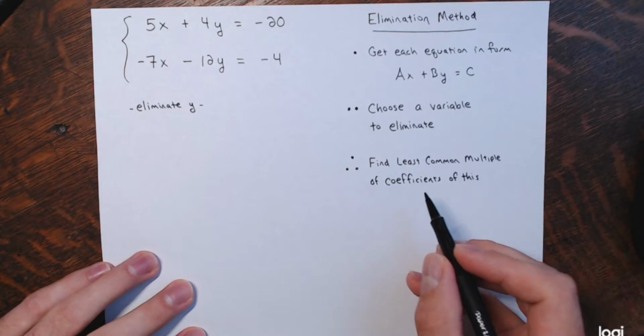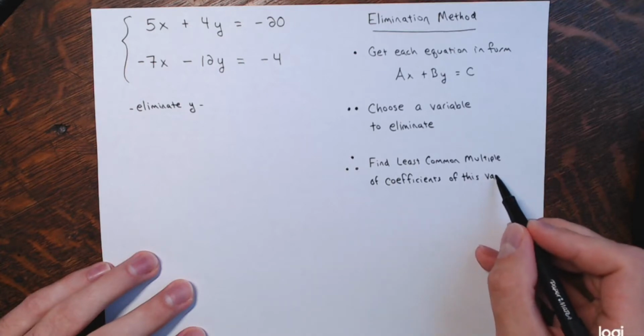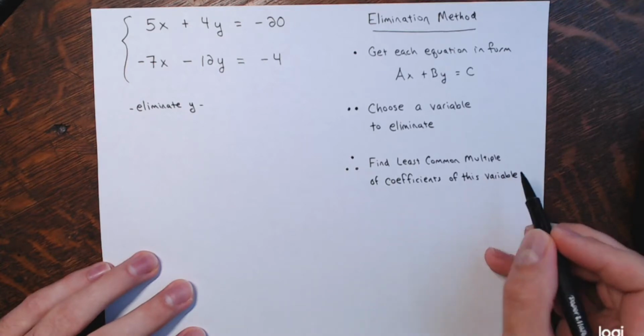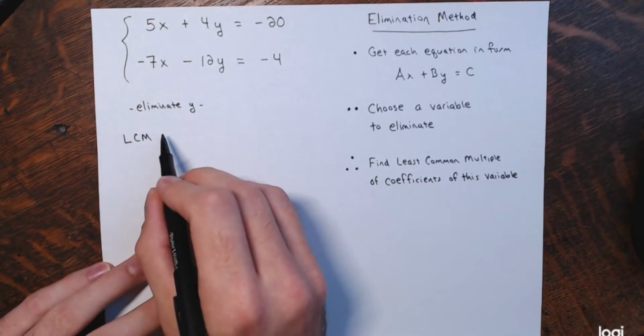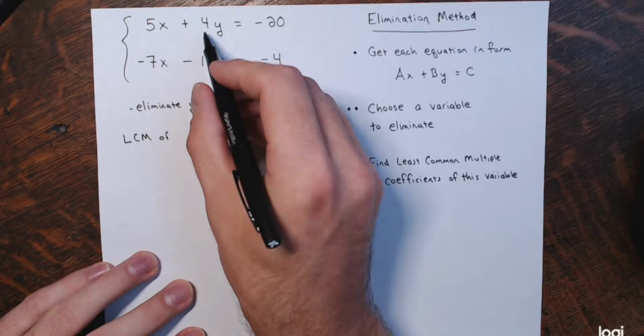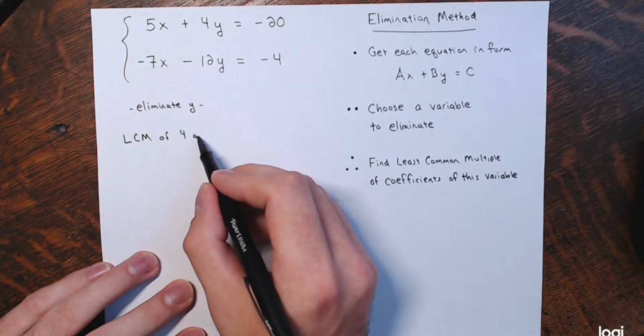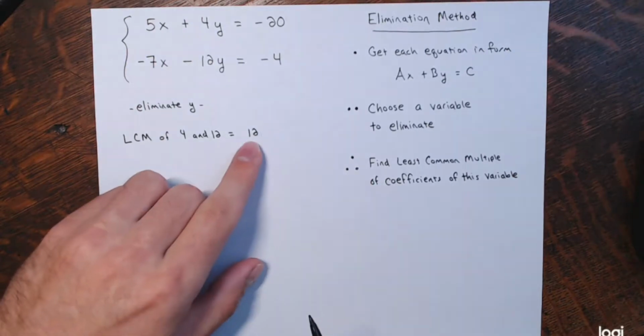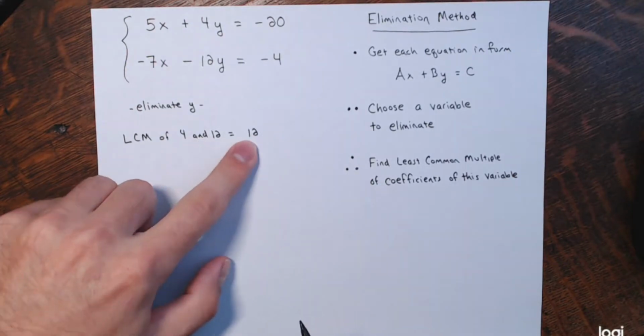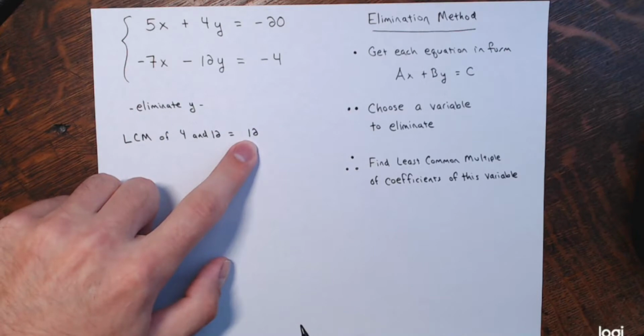And I'll say ignoring negative signs, right? So what's the least common multiple, sometimes referred to as LCM, of 4 and 12? That would be 12, right? That's the smallest number that both of these go into evenly, the least common multiple.